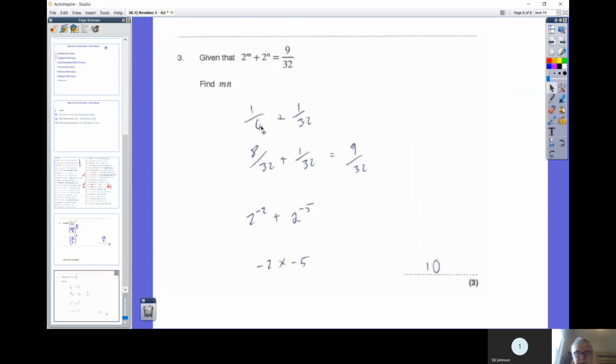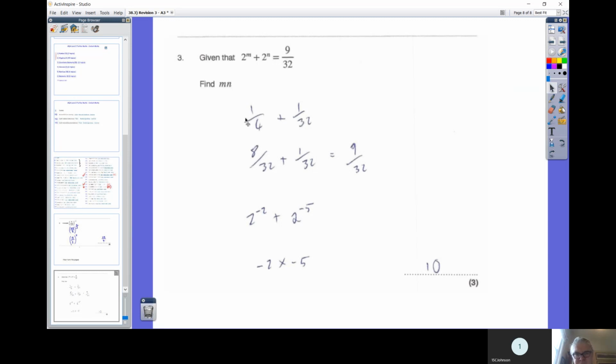If we've got a quarter plus 1 over 32, that's the same thing as 8 over 32 add 1 over 32, which is 9 over 32. So we're relying on you to focus on the 9 over 32 and to appreciate that it comprises this term, and this simplifies to this. So 9 over 32 is the same thing as a quarter add 1 over 32.